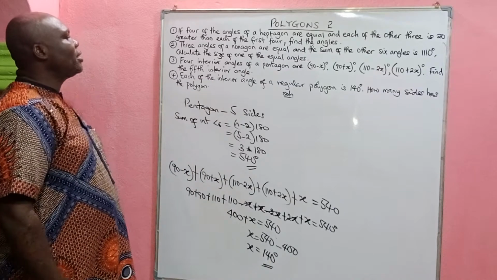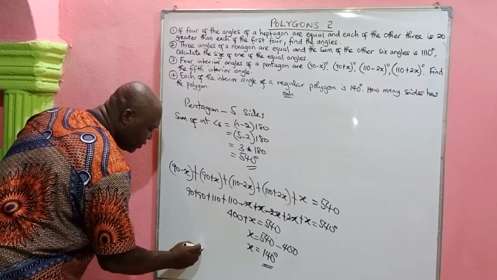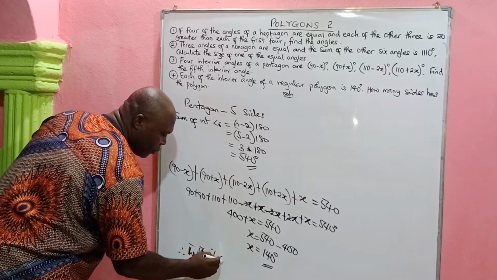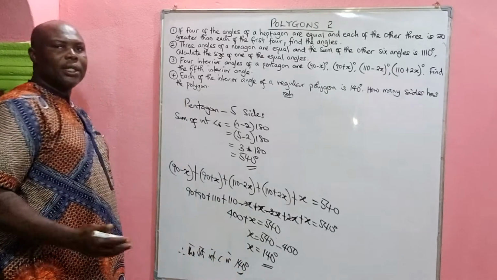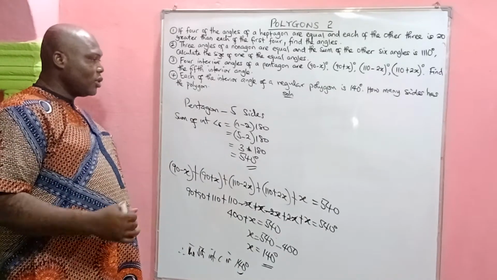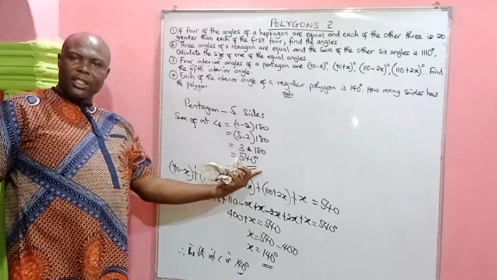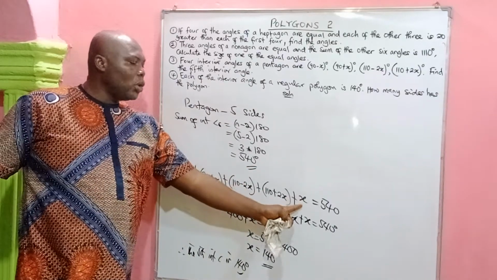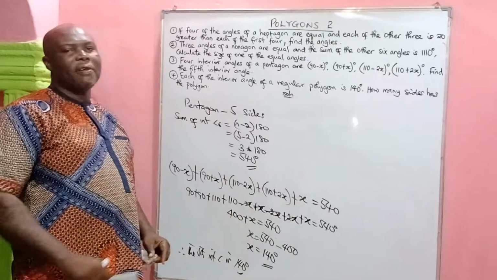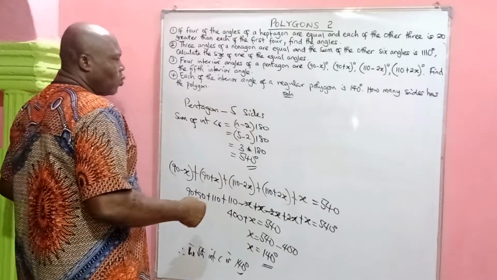It therefore means that the fifth interior angle is 140 degrees. As simple as it is. So we have to be careful. Since they've given you the pentagon, you find the sum of the interior angles. After that, you equate all the given angles and the one you're looking for to 540, and you can find the value of x.